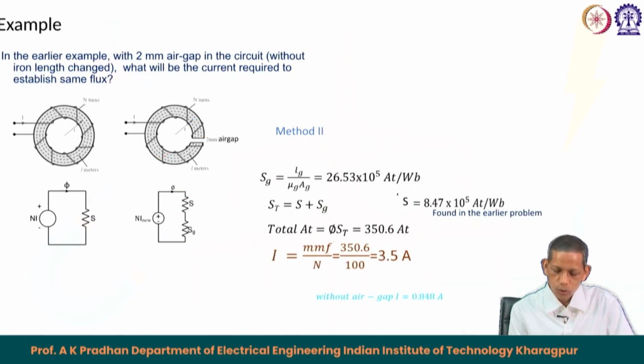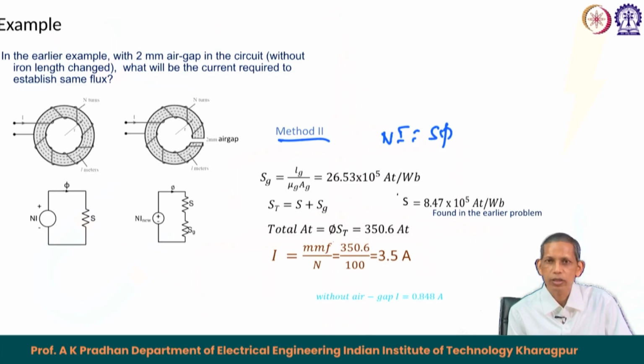If you go to method 2, the reluctance based approach, N I equals S into phi, phi is the same, and S is S g plus S core in this case. S core we have already found out. So, S g in this case is L g upon mu g A g.